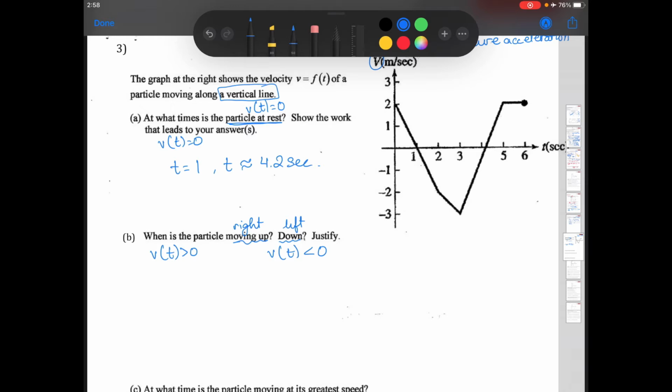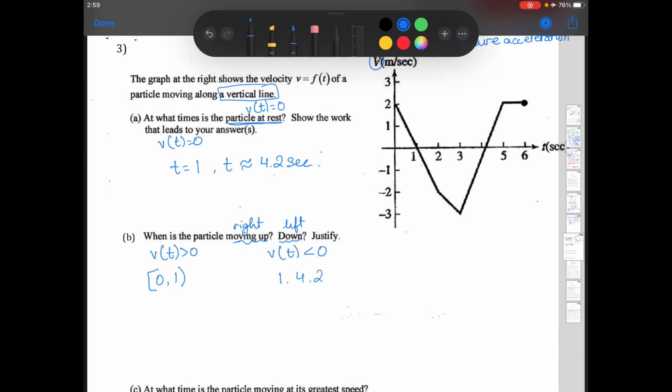From 0 to 1, it is above the x-axis, so the particle is moving to the right or moving up. So 0 to 1. I'm going to use soft brackets for 1 because at 1 it is equal to 0, not greater than 0. And then from 1 to 4.2, my y value is negative.